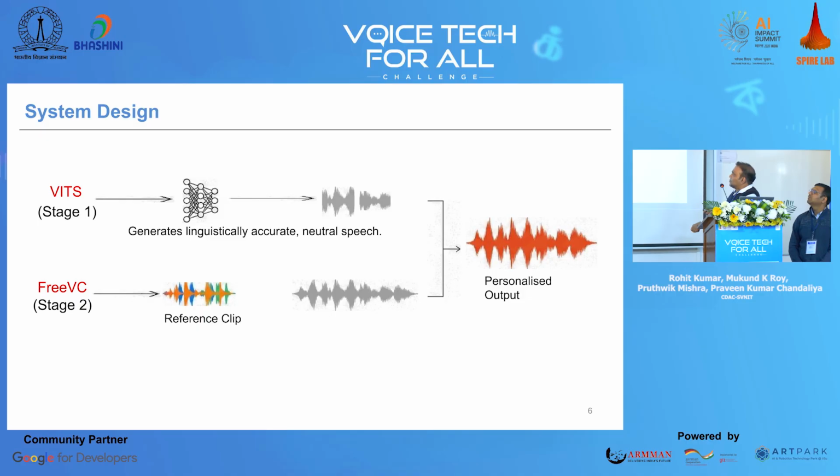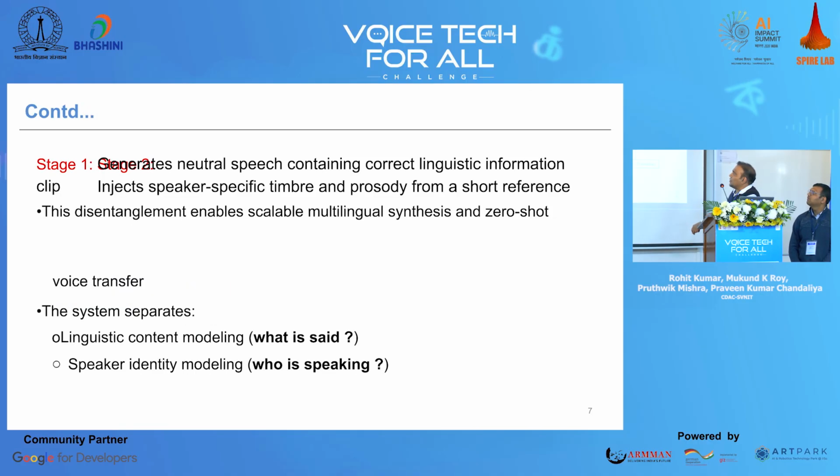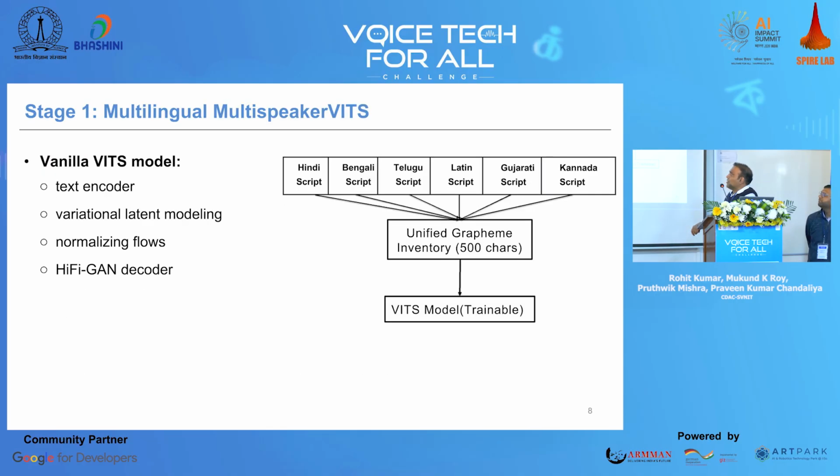Coming to what the vanilla VITS model is, it comprises three basic modules. First is the text encoder, which encodes the linguistic representation of the text. Second is the stochastic duration predictor and posterior encoder, which aligns the acoustic model with the linguistic representation.